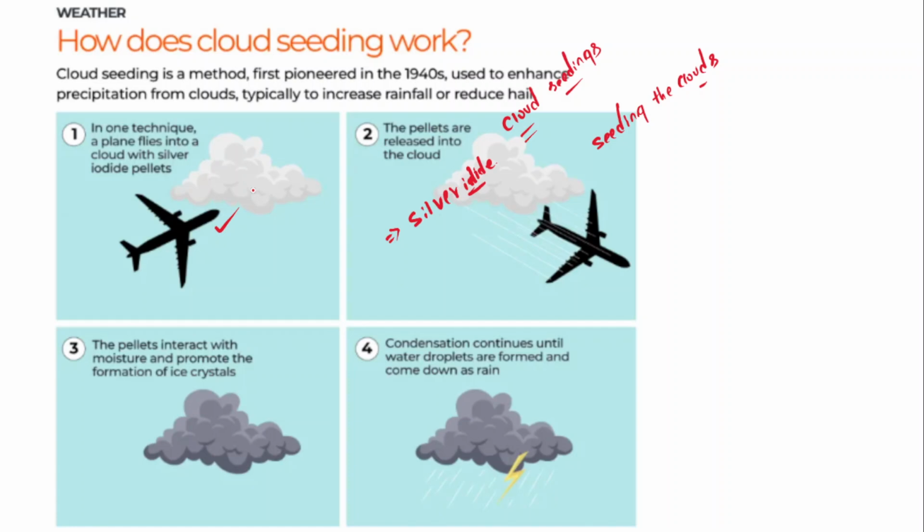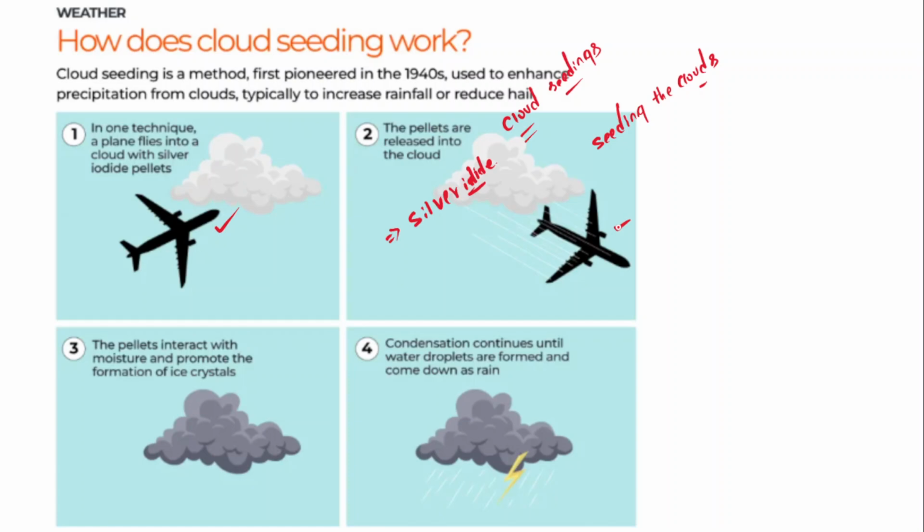In fact, on Tuesday, images were shared by the Indian Institute of Technology Kanpur, and those images clearly show the substances being released from the flares attached to the aircraft as they fly across these clouds.